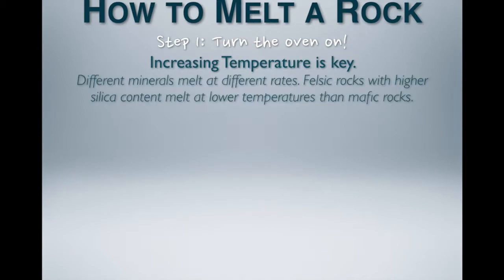So we can start melting rocks by either being deeper into the earth or near magma. And one of the neat things is that different minerals have different melting rates. And so they melt at different temperatures. And so felsic rocks with higher silica in them melt at lower temperatures than mafic rocks.